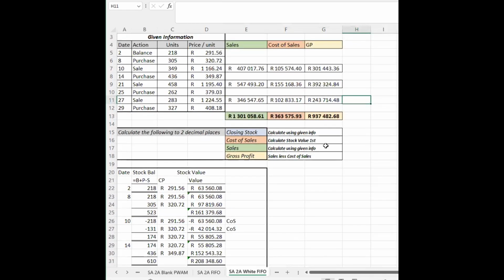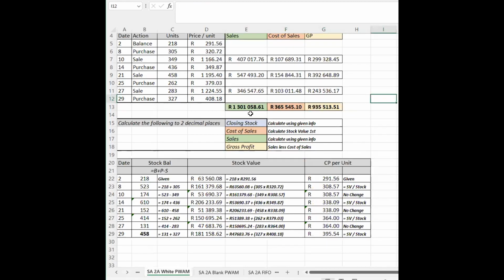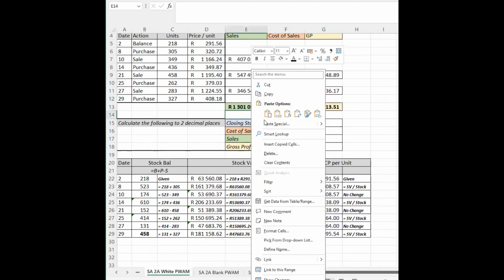And then we have a look at it here. I'm just going to copy these three numbers, and I'm going to bring it in here so that we can compare it with the perpetual weighted average method.